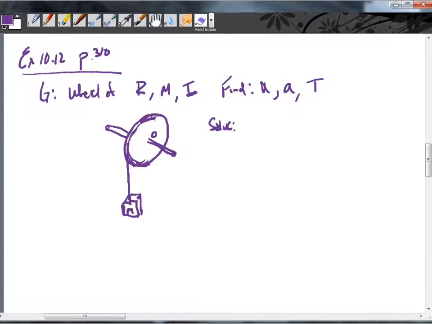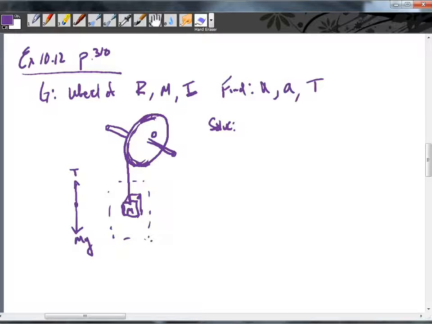Okay, what's the first thing you do when we have a diagram and picture, that sort of stuff? We create a free body diagram. Excellent. Our free body diagrams now include torques. So, if we're just looking at just this mass, he has tension and mg.